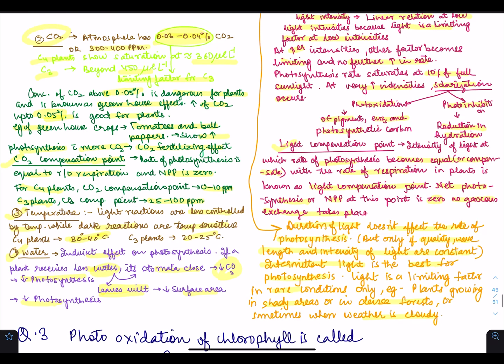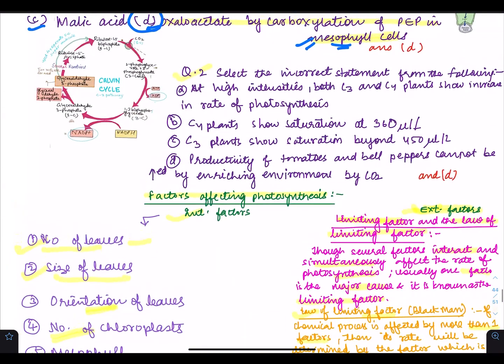Now, we come to our question number 2. This question says, select the incorrect statement from the following. Option A is at high intensities, both C3 and C4 plants show increase in rate of photosynthesis. Option B is C4 plants show saturation at 360.